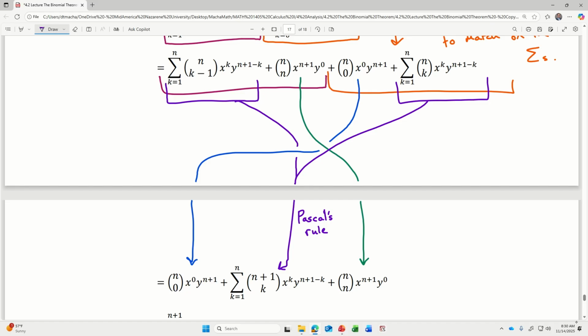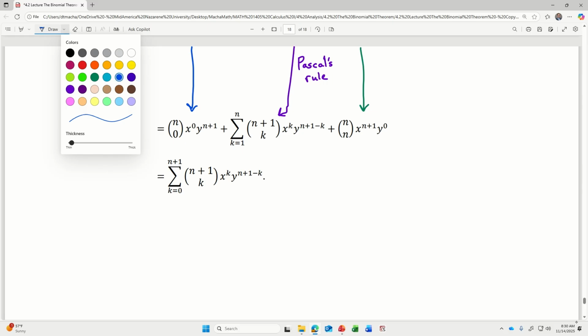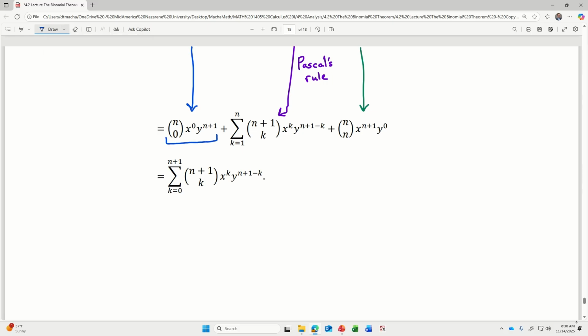Okay. Next step. I'm including this blue term in the big sum because I'm shifting the lower bound of my index from k equals 1 to k equals 0. So it gets to include that one.